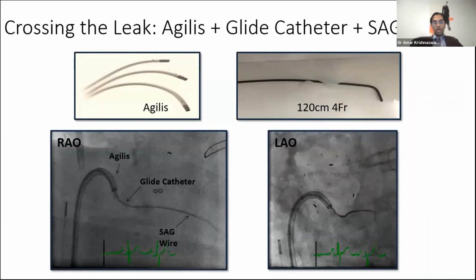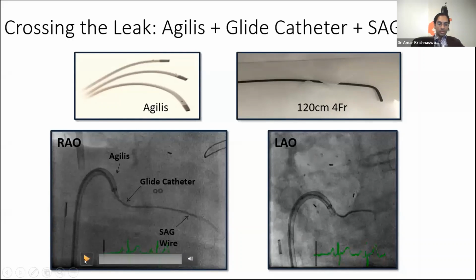The equipment we start with, usually we use a steerable guide catheter. We tend to use the Agilis or the Nagare from Terumo. But in any case, a steerable guide catheter through which we place a long Angled Glide catheter in order to have a little bit more articulation at the tip and directionality to move around the mitral annulus.